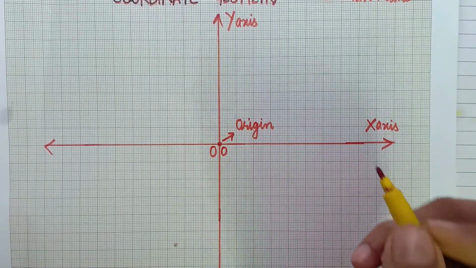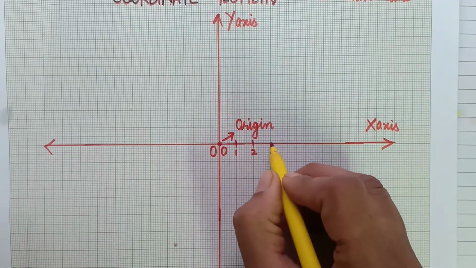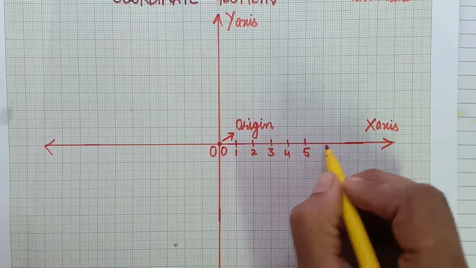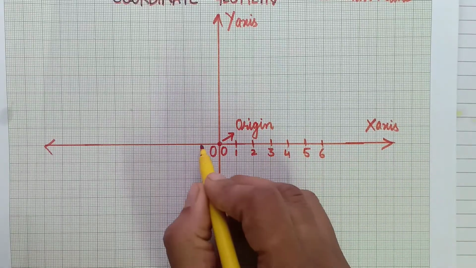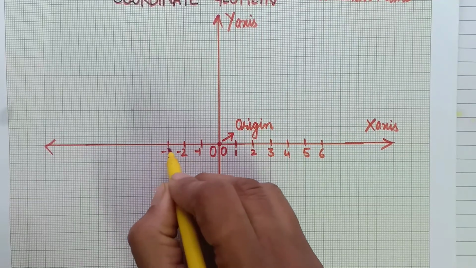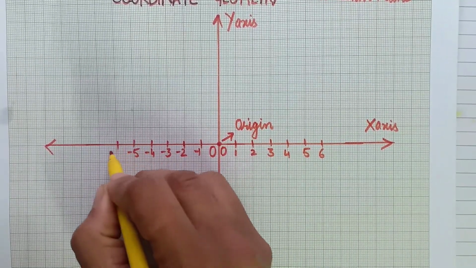Now next, I will mark the points as 1, 2, 3, 4, 5, 6, all the positives to the right of x and all the negatives to the left side, -1, -2, -3, -4, -5, -6.